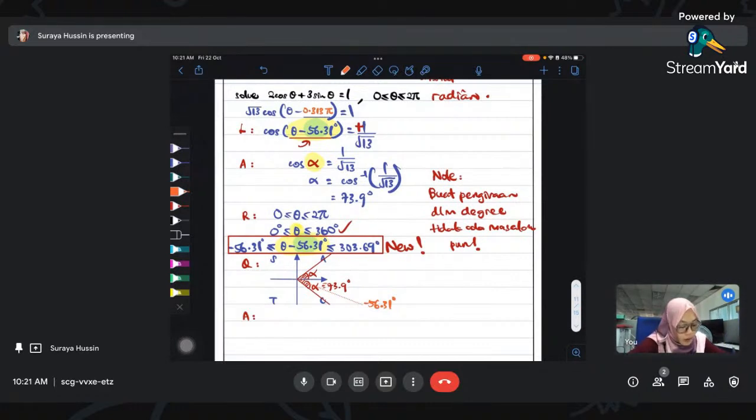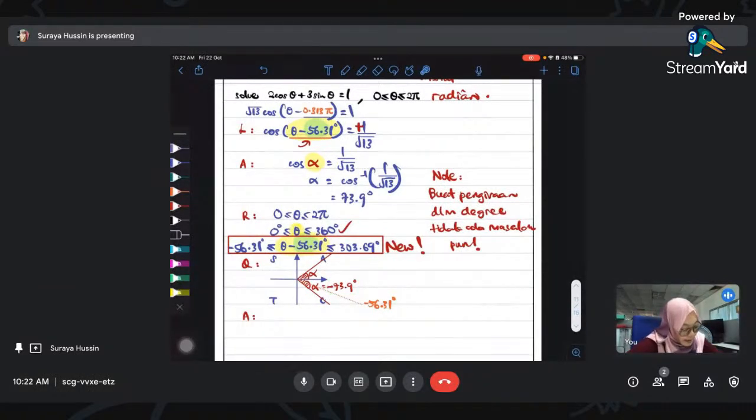So, bila dia kat bawah, dia ada negatif lah. Negative value. Negative angle lah maksudnya. So what I did here, the dotted line here is just focusing that, oh dia di lingkungan 73.9, right?